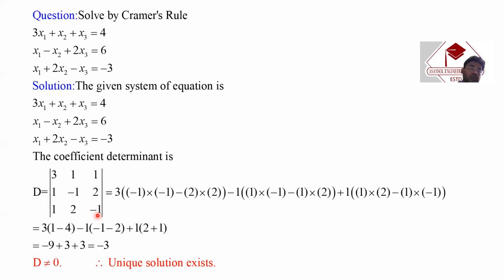Very important, I should check twice. So our determinant D is perfect. Already you know how to find the determinant value. Now let's see: 3 times minus 1 into minus 1 minus of 2 into 2.